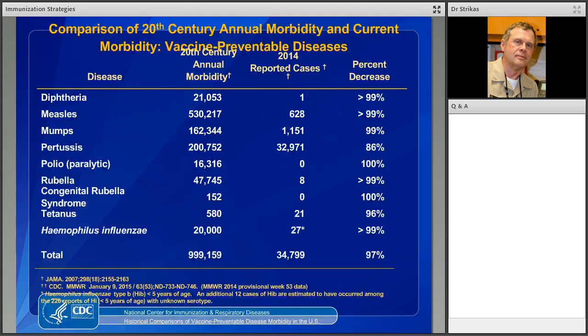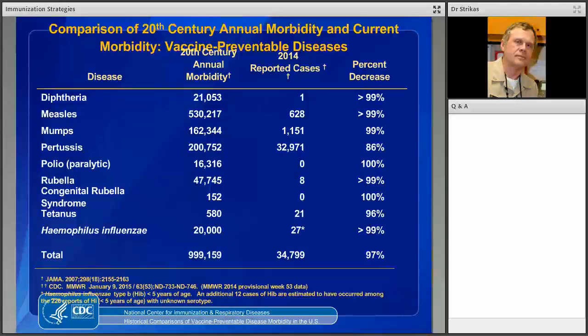This table, which we have presented before in this webinar series, lists the average annual morbidity in the 20th century for a variety of vaccine-preventable diseases that were calculated in 2007. These are in the second column, and then lists the number of cases in the year 2014 for these same diseases in the third column. In the far right-hand column is displayed the percent decrease in disease morbidity.